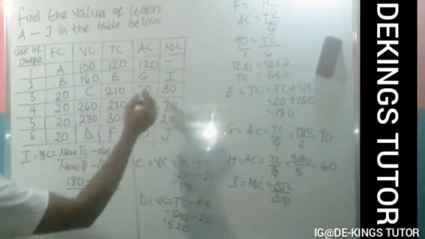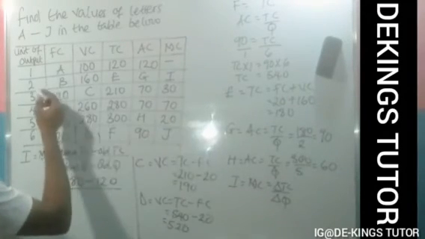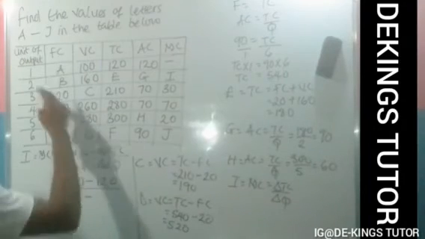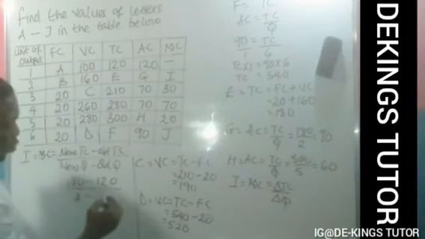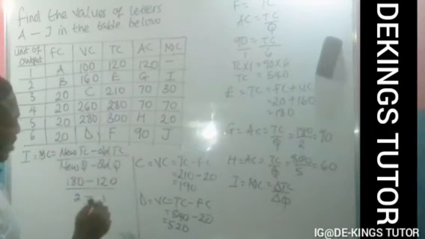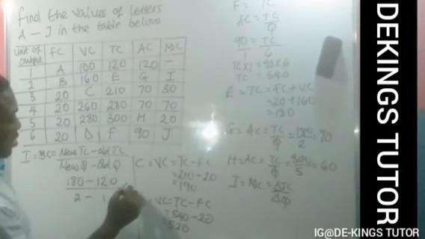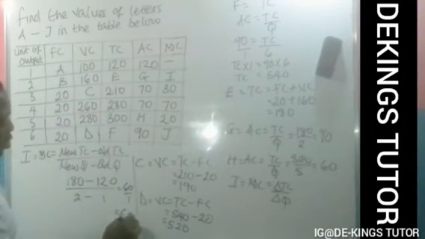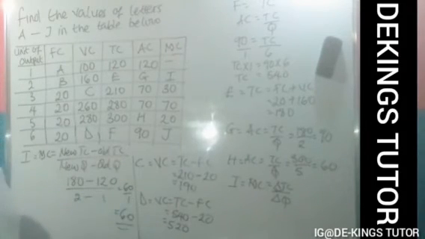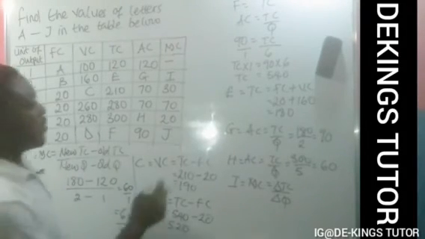Divided by the new quantity, which is 2, minus the old quantity, which is 1. So 180 minus 120 will give us 60 over 1, which is 60, as our marginal cost for I.